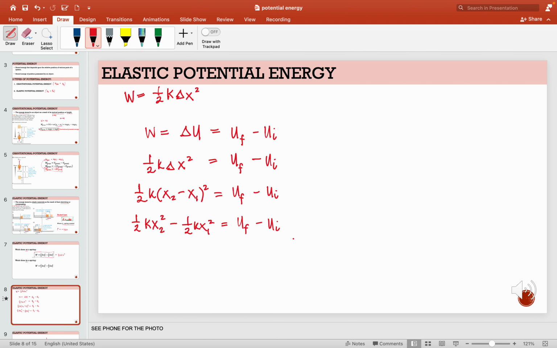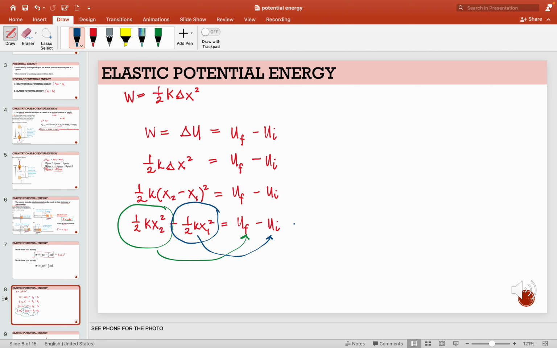Okay. Now, take note that 1/2 k times x2 squared is for the final potential energy, and 1/2 k times x sub 1 squared is for the initial potential energy.